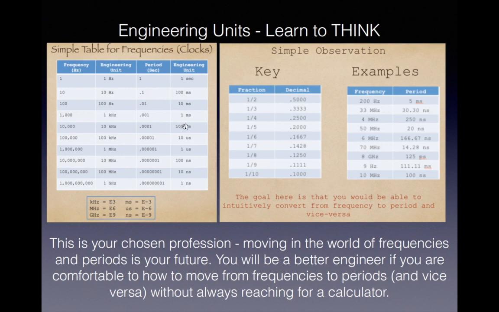and the engineering units. I would suggest if you're having difficulties, linger here. Make sure you understand what you're looking at. On the right, what I'm trying to show you, so if I say, what is the period of a 40 megahertz signal? You should know 4s go with 2 5s.